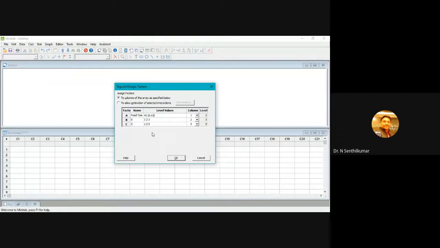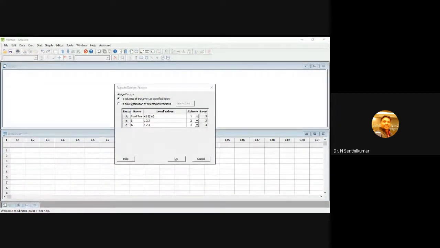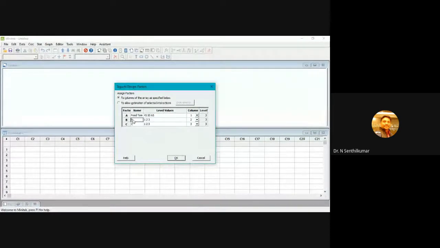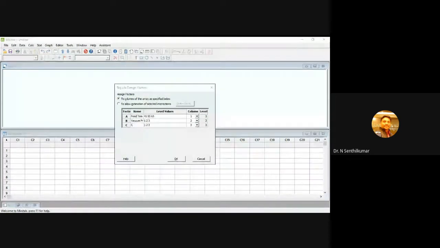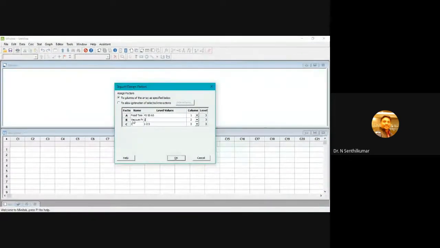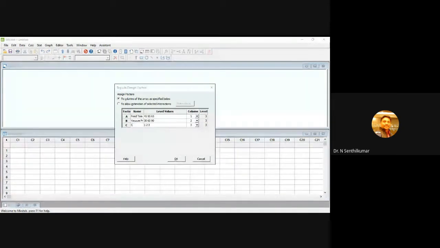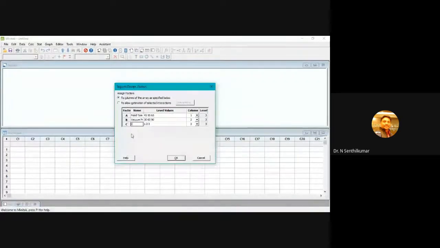Then feed temperature, then we have the vacuum pressure. The vacuum pressure is 30, 60, 90: 30 space 60 space 90. Then I have the third parameter, that is feed concentration.